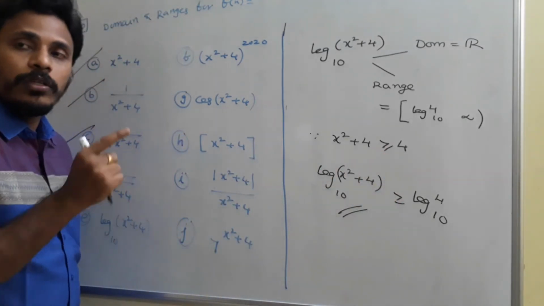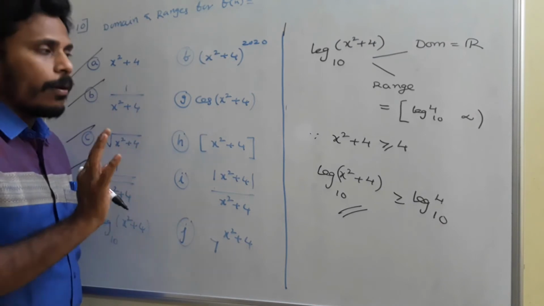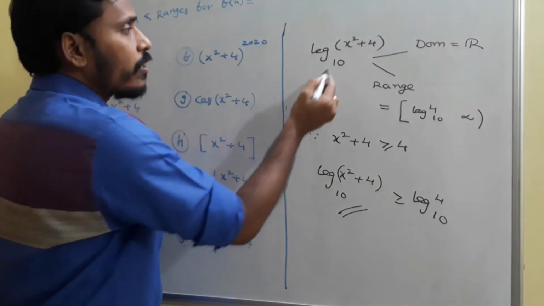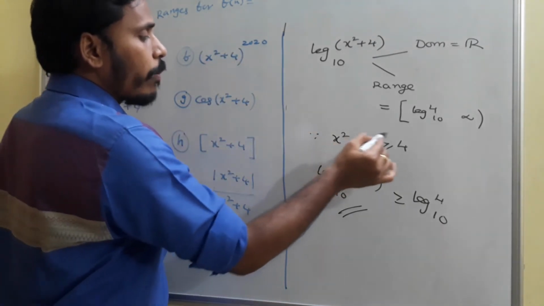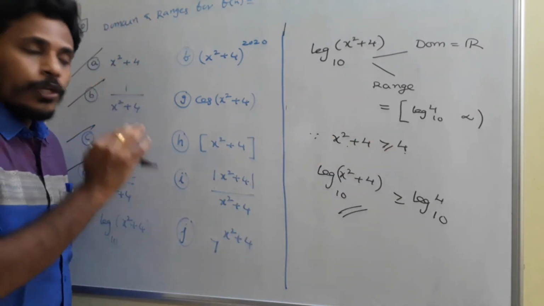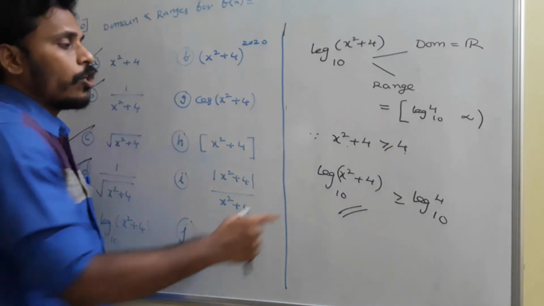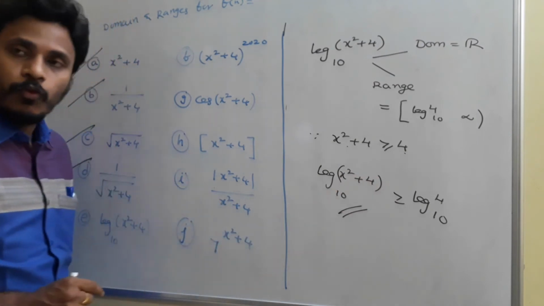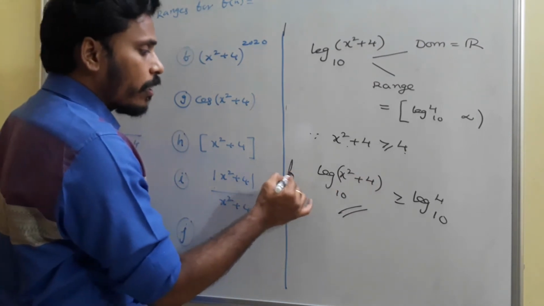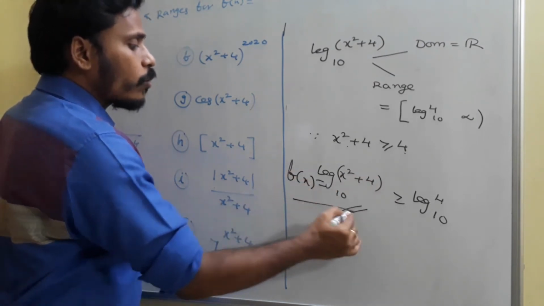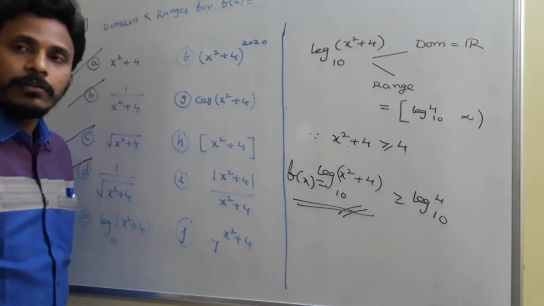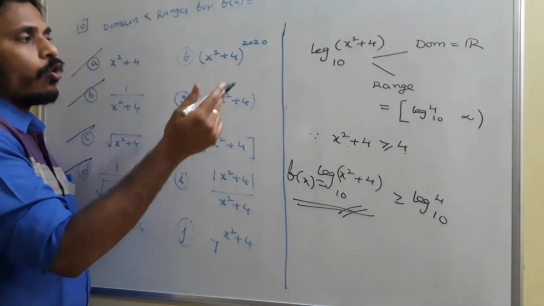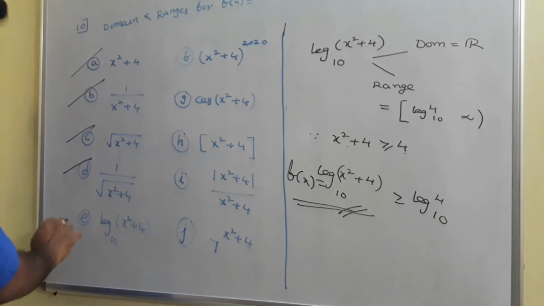You will learn all that from logarithm properties. But at this instant, since the base is 10, x square plus 4 is greater than or equal to 4, you just apply logarithm on both sides. So this logarithm of x square plus 4 base 10, which is simply f of x, has values log 4 base 10 or more than that. So the range is this. There ends the E bit.